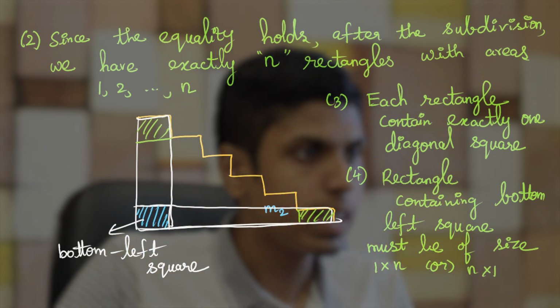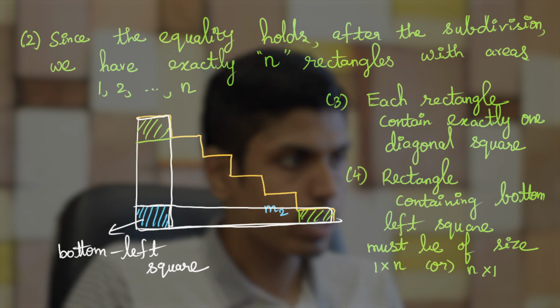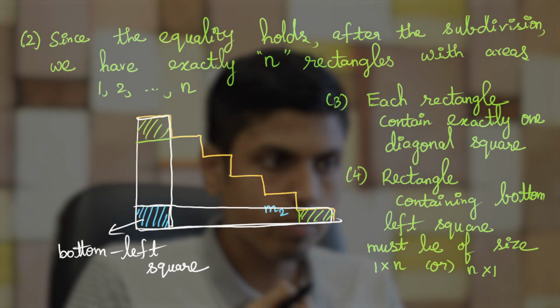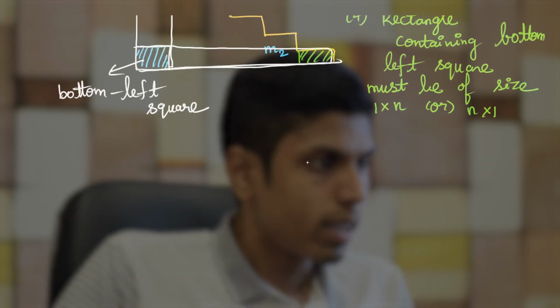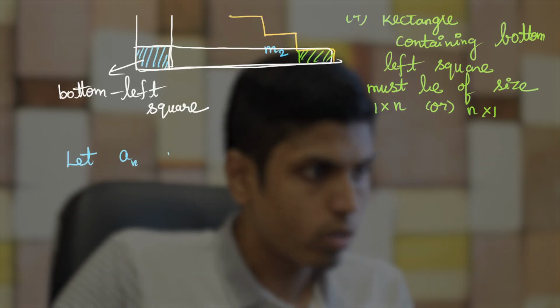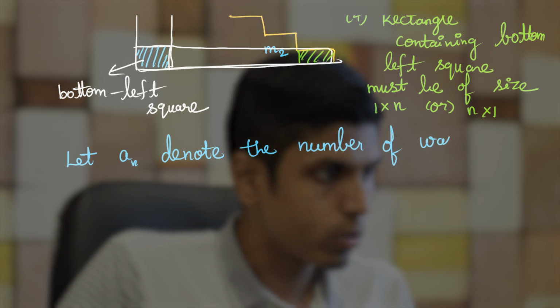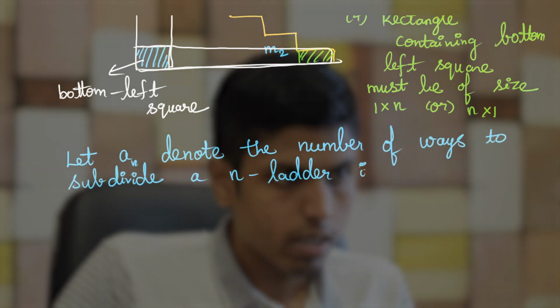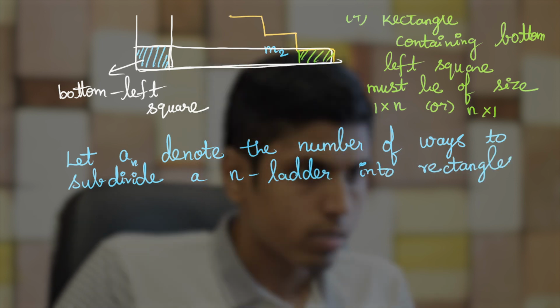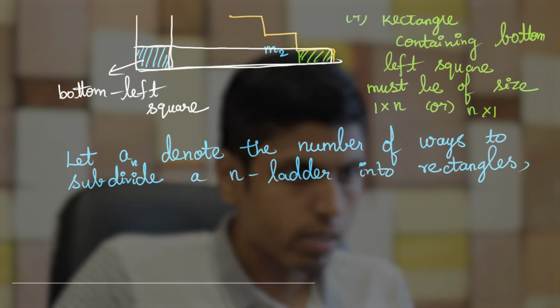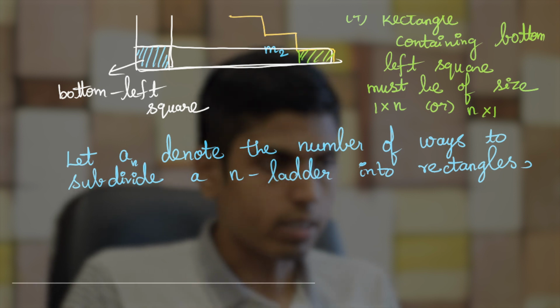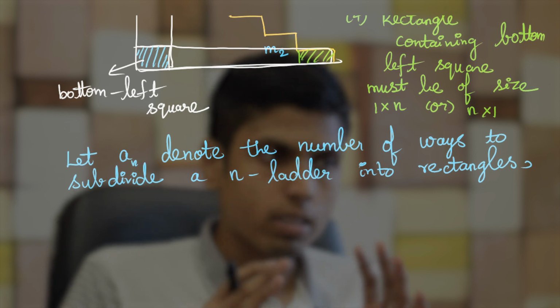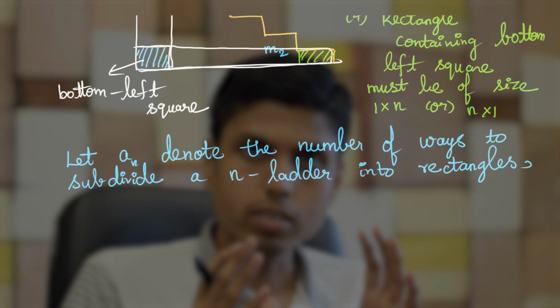Alright, so we have a couple of observations here, and let's use them to arrive at the conclusion. Let's say a_n denotes the number of ways to subdivide an n ladder into rectangles, which was asked in the question. What is its relation with the n-1 ladder? That is the idea behind recursion.